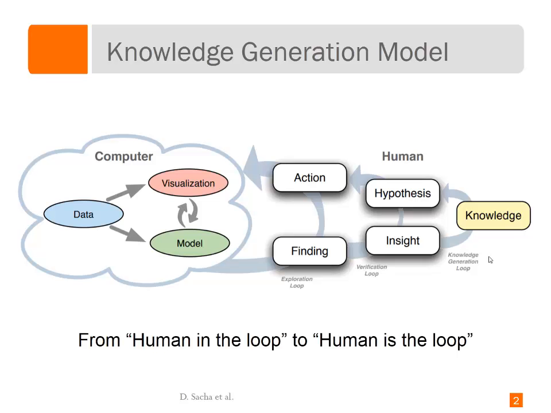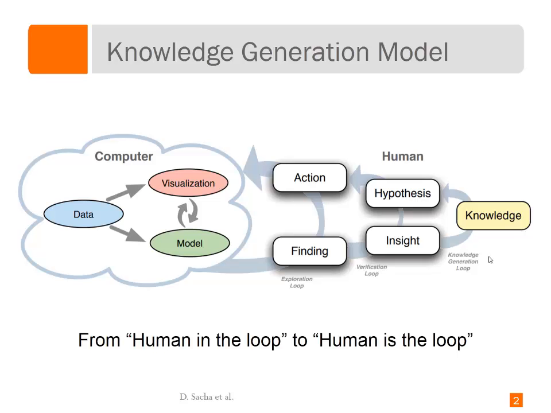So as you can see, in the model that's presented here, we have our standard computer model over on the left-hand side where we have data, we'll have a particular model, and we may be visualizing that model. And there may be some kind of iteration where we are fine-tuning the model from the visualization and having output from the model that we can experience using the visualization.